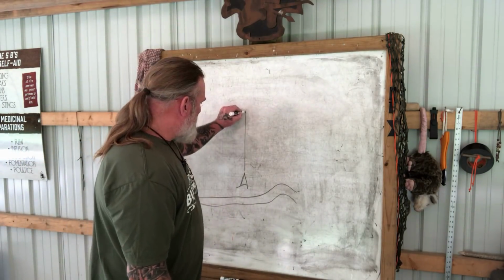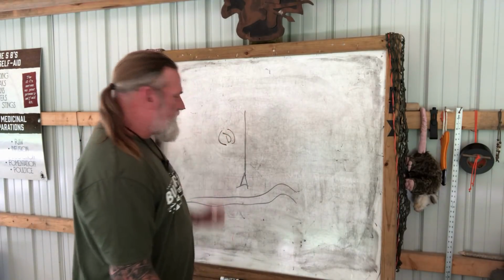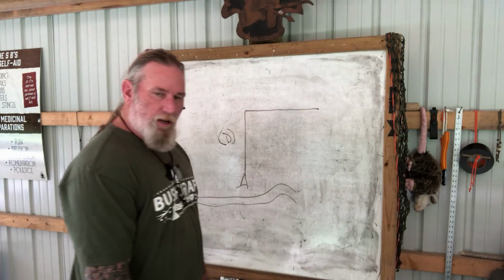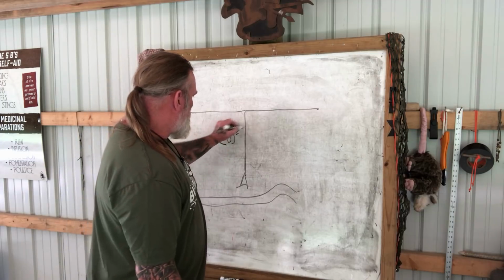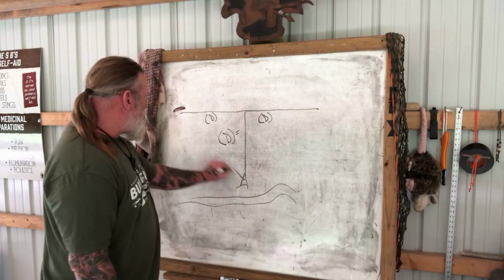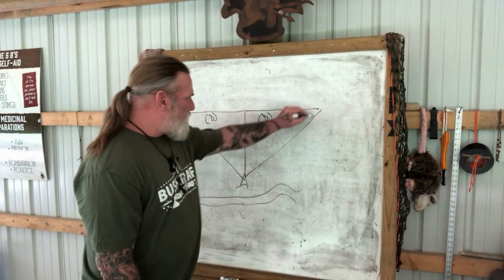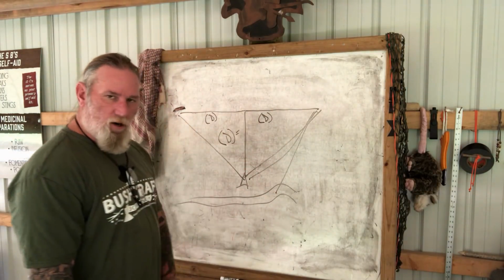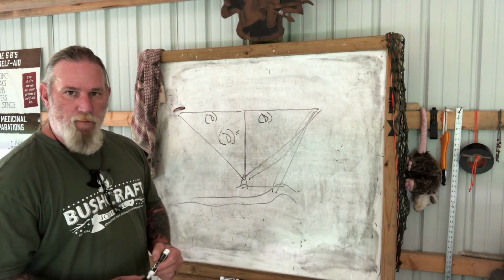If we take an azimuth here and walk a certain distance, and we know what that distance is because we keep track of it, and then we make a 90-degree turn and walk an equal distance in either direction, so that it's equal here or here, then this angle should be 45 degrees to get back where we came from. And if we aim off, then we can drift into our camp, or if we hit this linear feature, know exactly which way to turn to get back to camp.